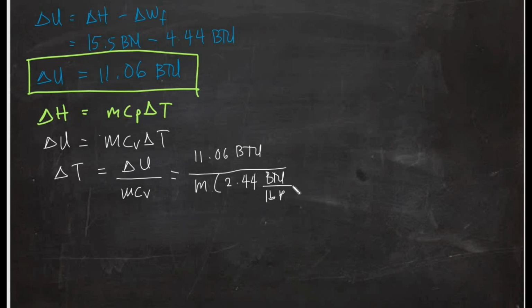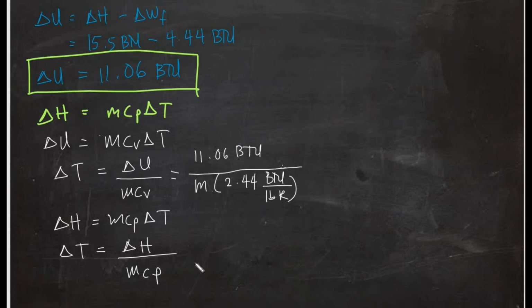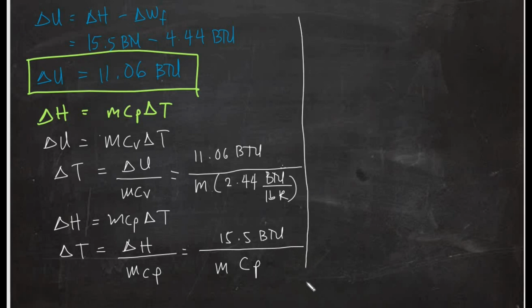We cannot solve delta T using that equation alone, so we go to our delta H, and delta H is equal to M C sub P delta T. From here, delta T is also equal to delta H over M C sub P, where delta H is 15.5 BTU.